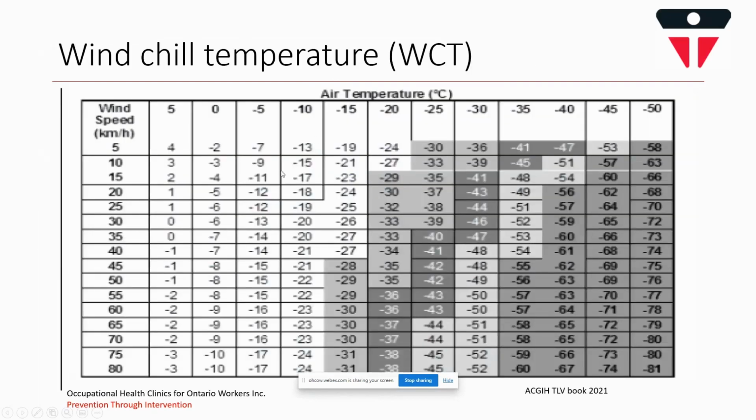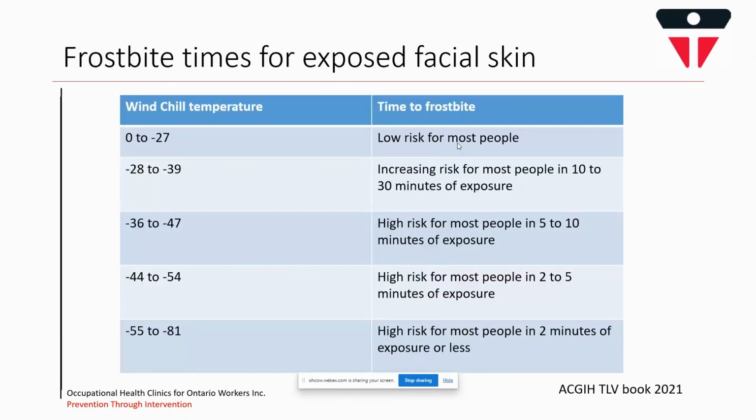This chart, you can find at many different sources, like the CCOHS website, or I took it from ACGIH, but this chart is used at many different places. So I will give you the references at the end of the presentation too. And this table you can also find at many different sources, and it is also incorporated in our tool.